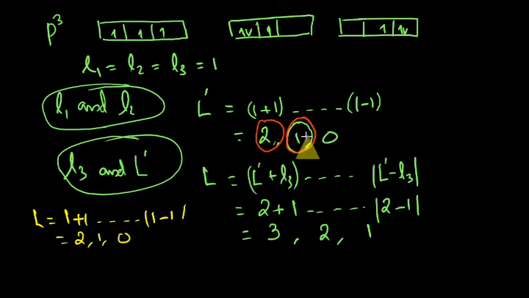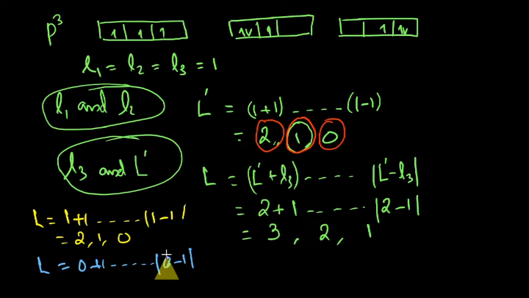And now we have to go for the last value of L dash, that is equal to 0. So in that case L is equal to 0 plus 1 to 0 minus 1. You have to take the modulus here.